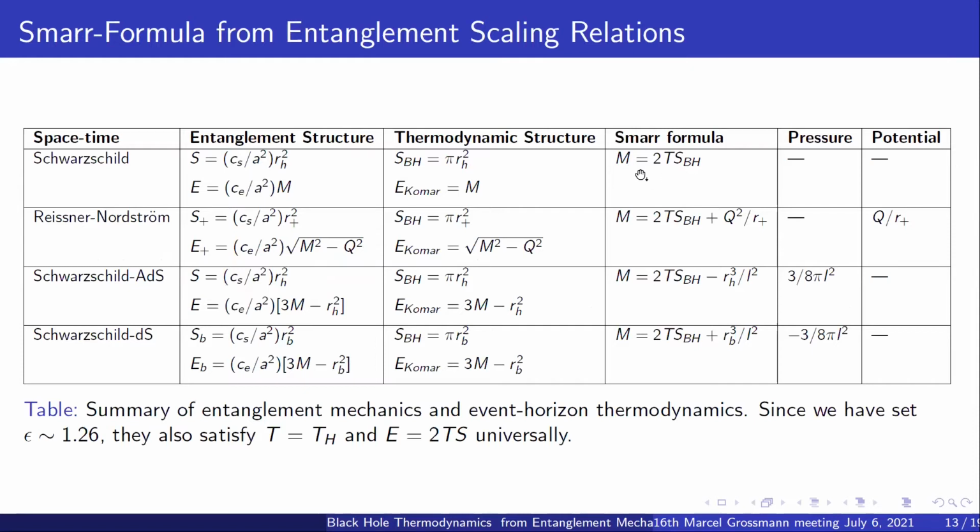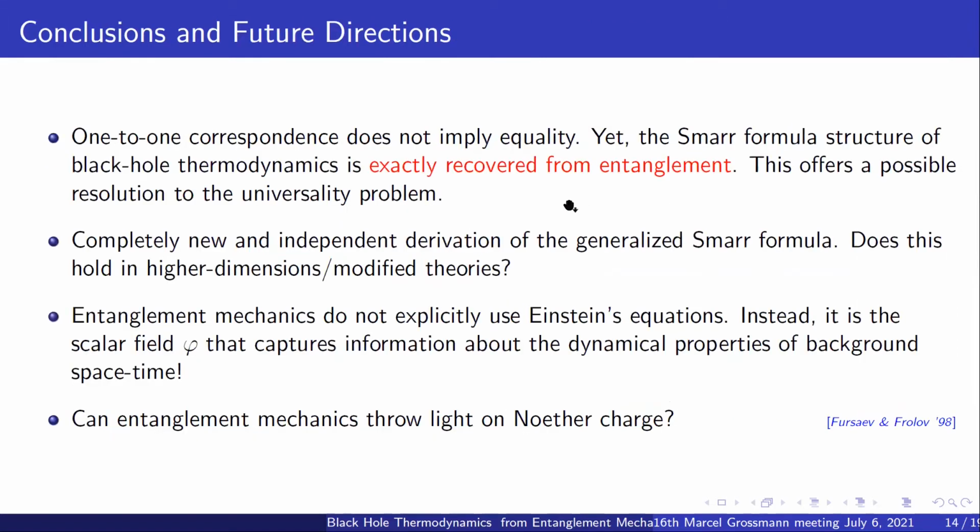And in fact, you can take this equation and write down the differential form to obtain the first law of black hole thermodynamics. So having derived black hole thermodynamics from entanglement mechanics alone, this again would give entanglement added strength when it comes to resolving the universality problem that I mentioned earlier.